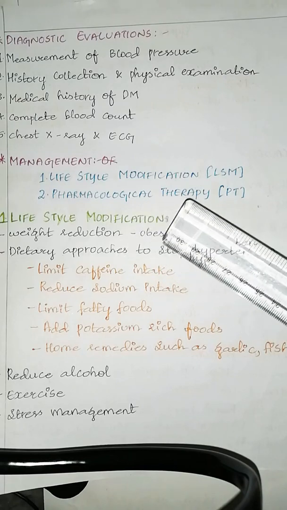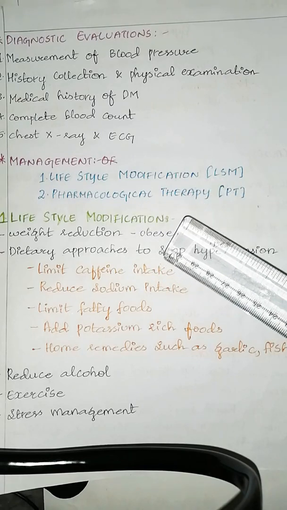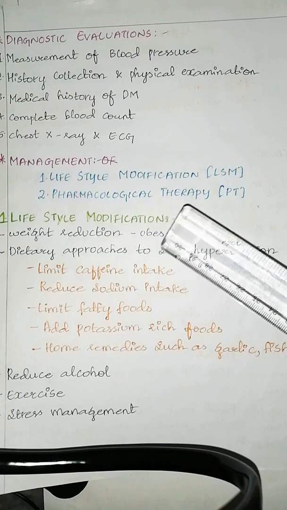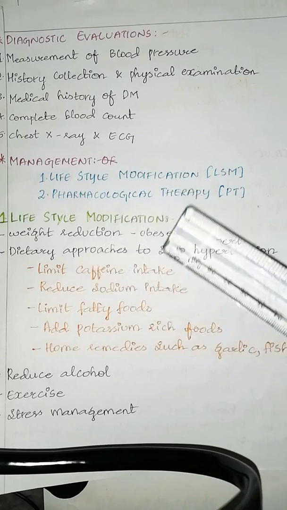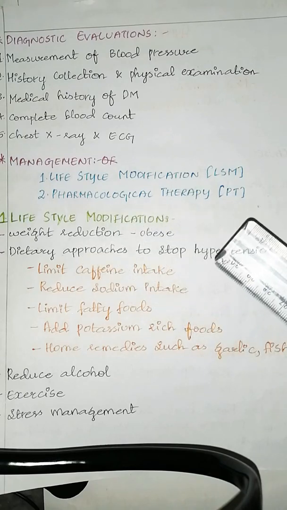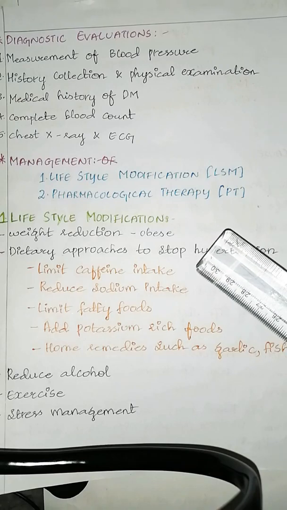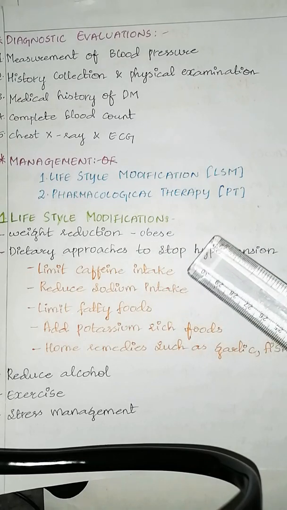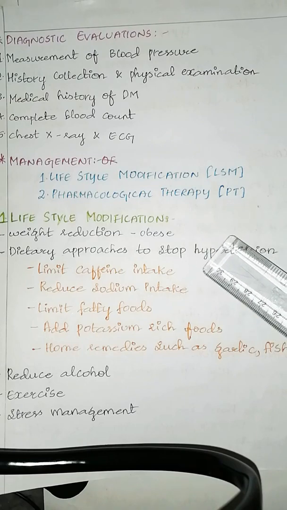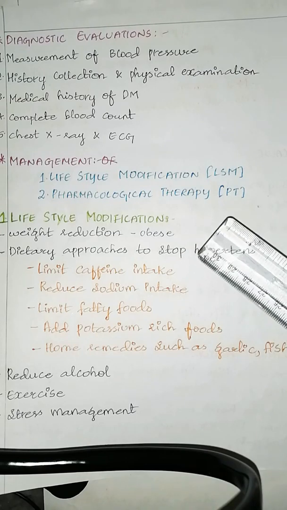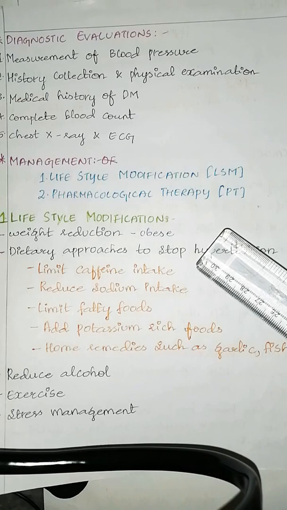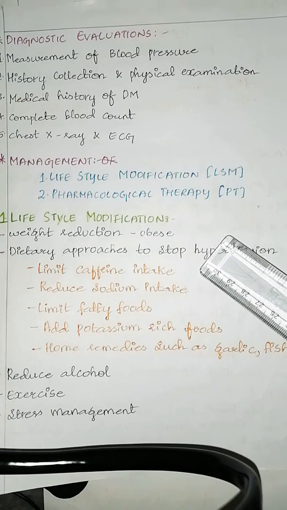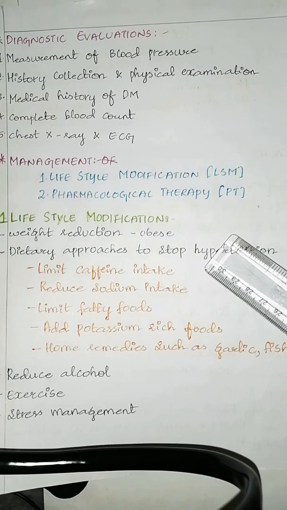Limit the caffeine intake. In hypertensive patients, limit the use of caffeine. Next is salt, reduce the sodium intake, that is reduce the salt intake. This is the first recommendation any expert would make, because a low sodium diet is known to improve the symptoms of hypertension.